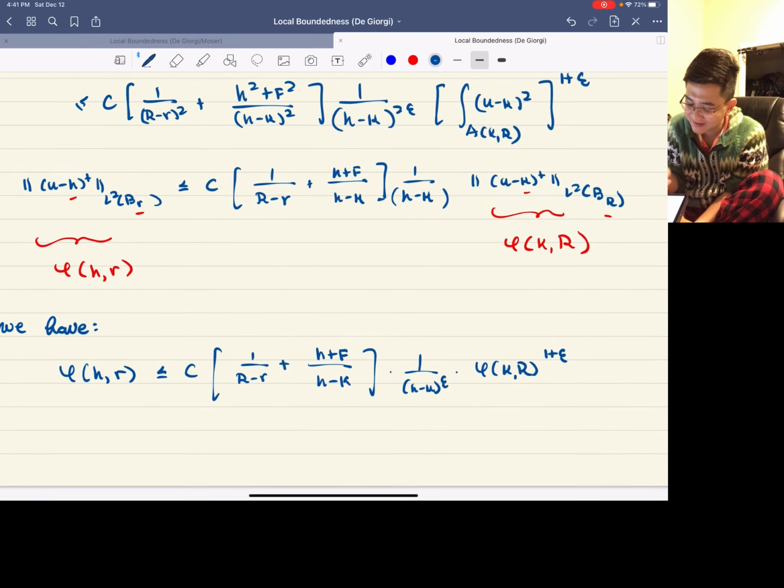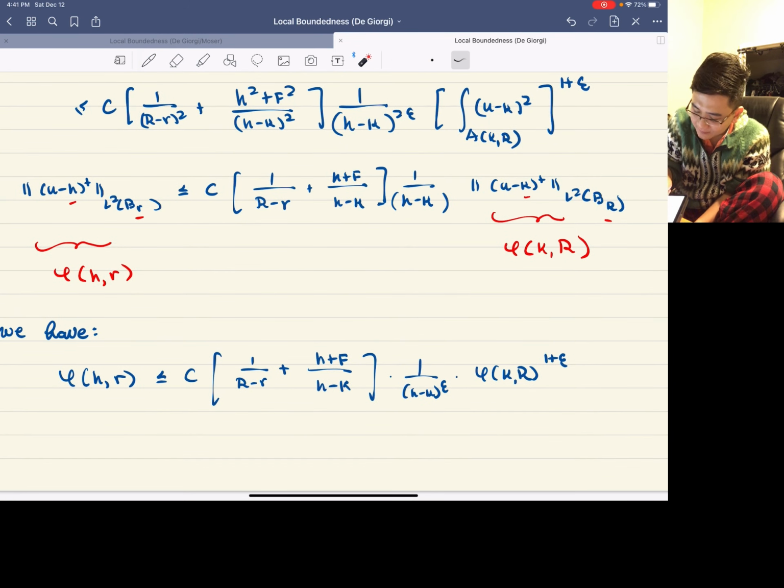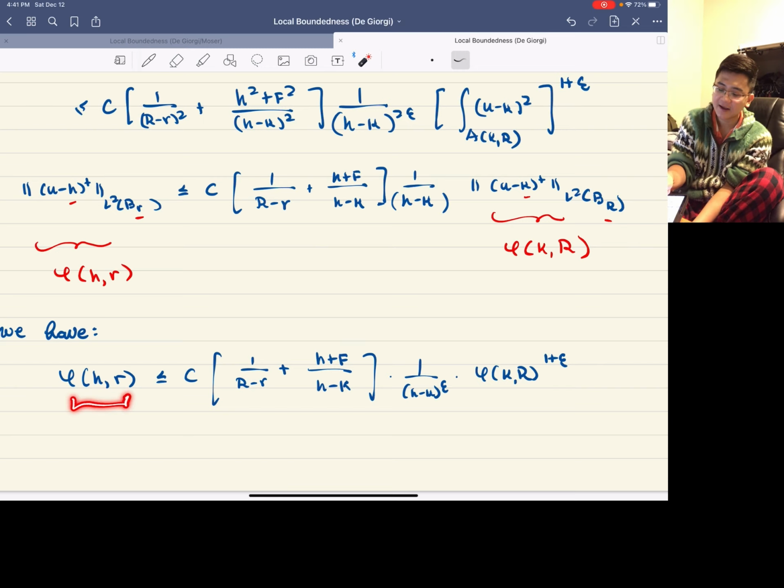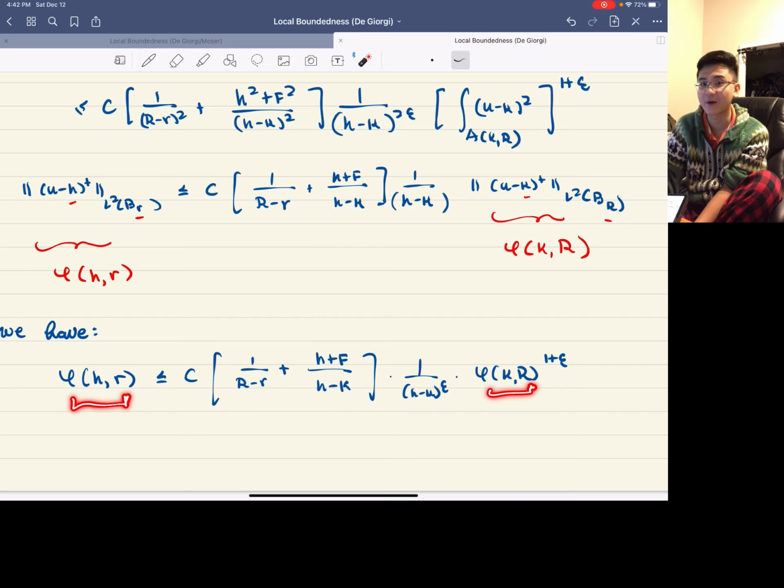Okay, so this is what we have. Again, big h bigger than k, little r smaller than big R. This is like the L2 norm where u is big in a small set, controlled by where it can be a bit smaller over a wider set.